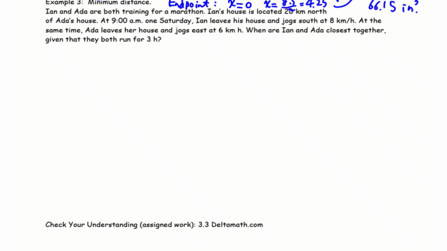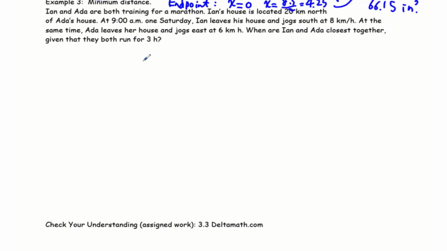So you will see each question is a little bit more complicated. So you could pause the video and try this question by yourself first, and after that you can come back and check your answers. Okay, so minimum distance is a very common type of question for maximum minimum. So In and Ada are both training for a marathon.